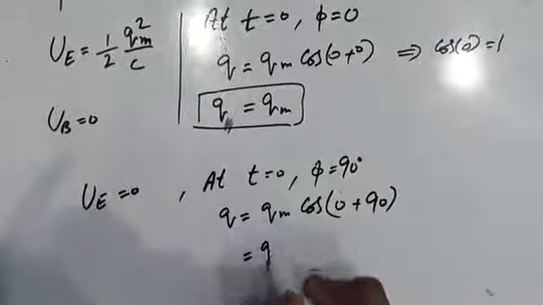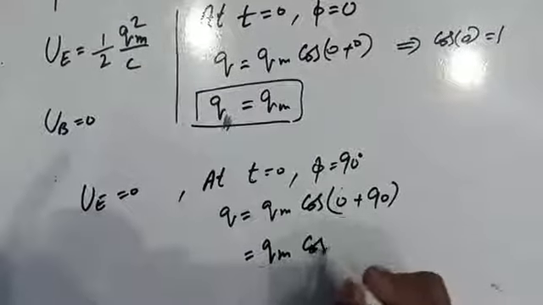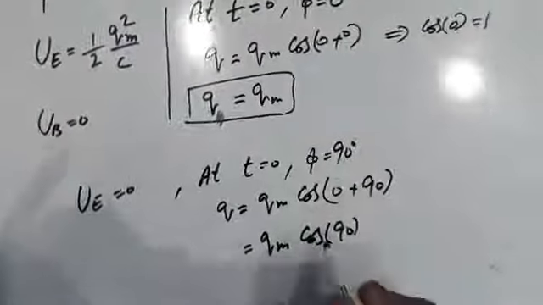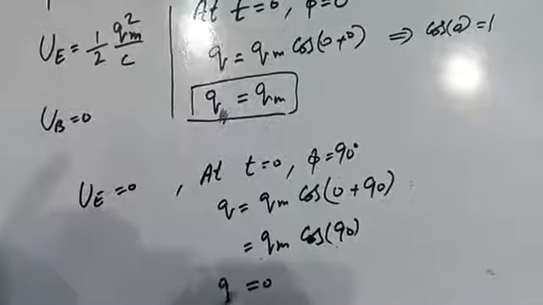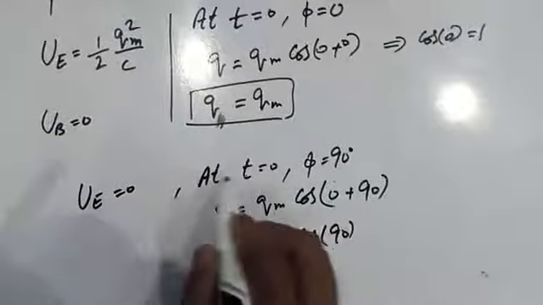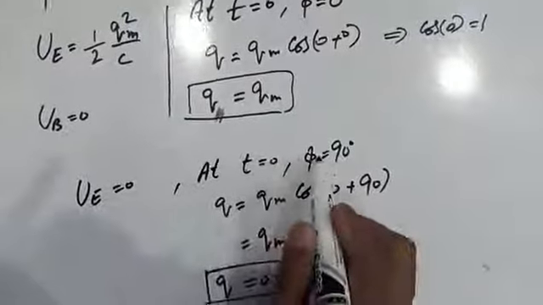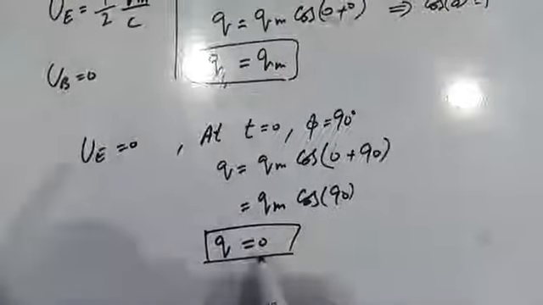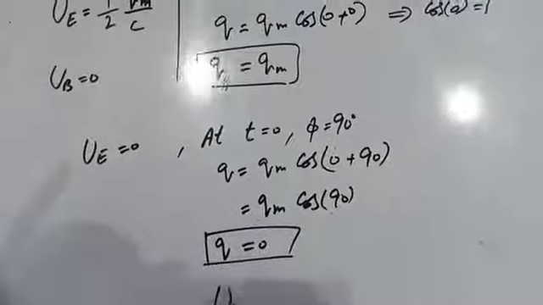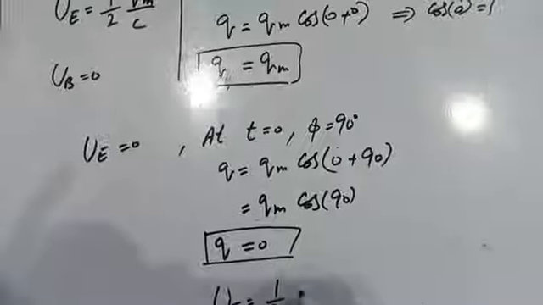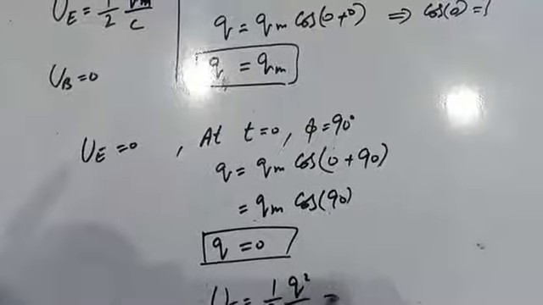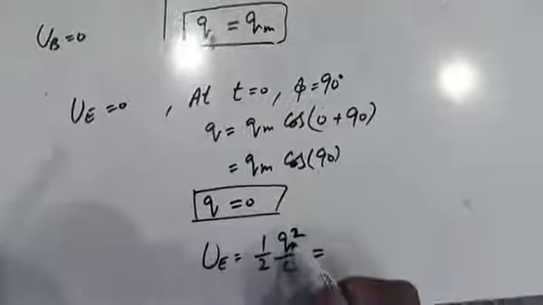So this becomes qm cos 90, and cos 90 is equal to 0. Hence at time t equal to 0, charge q is equal to 0. Hence electric energy, half q square over c, as charge q is equal to 0.